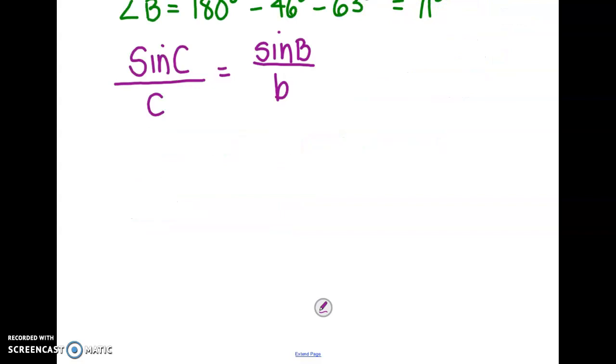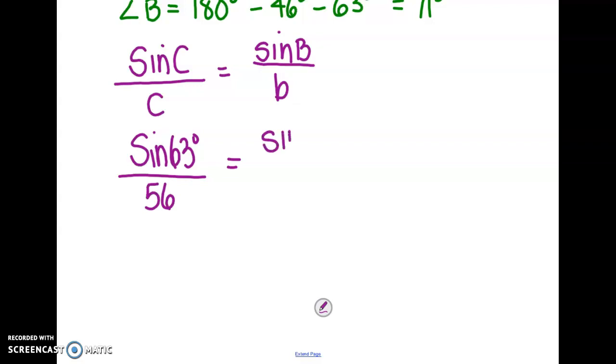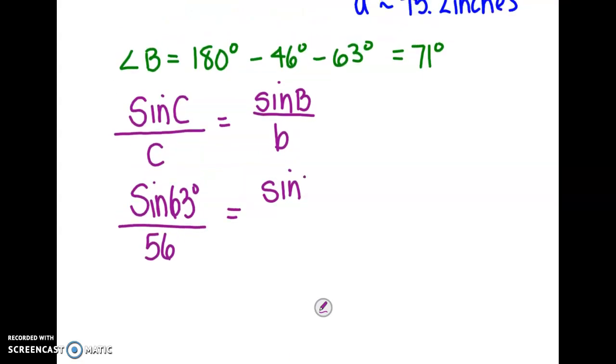And now we're ready to sub in. That angle C was 63 degrees, side c, which is 56, equals angle B, which we found in the green right up here, 71 degrees, over little b, which is unknown.